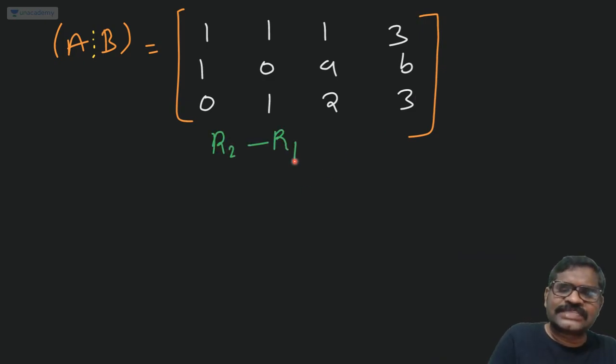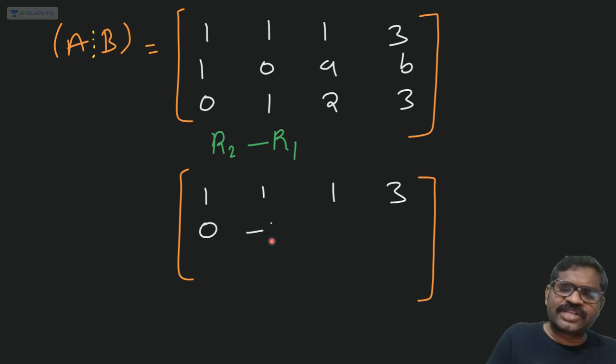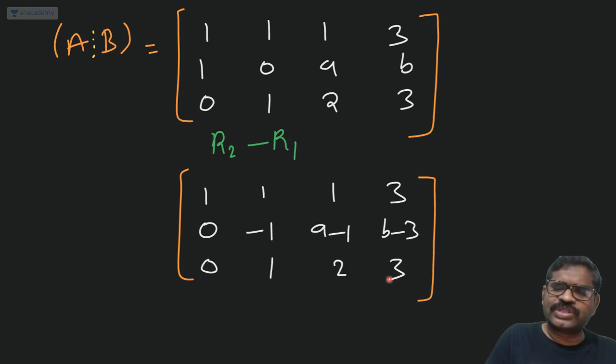Now R2 minus R1: 1 minus 1 is 0, 0 minus 1 is minus 1, A minus 1, B minus 3; 0, 1, 2, 3.